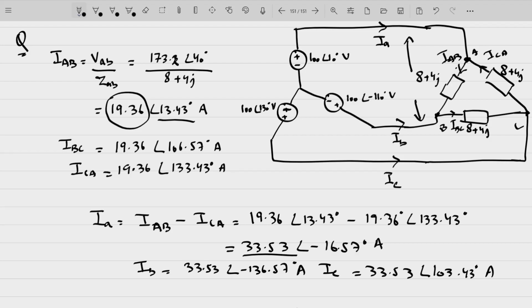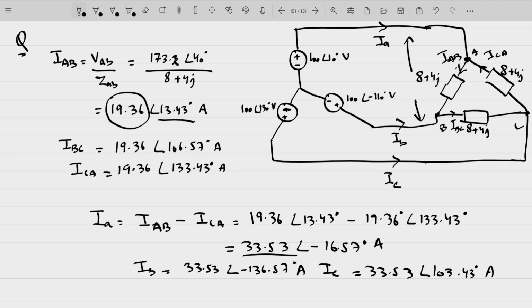Now since you know how the procedure goes, even if you have been given an unbalanced circuit, you can find out the values of voltage and currents across both line voltage as well as phase voltage, as well as line currents and phase currents. For a balanced circuit, it is simple: you simply find out one particular line current.